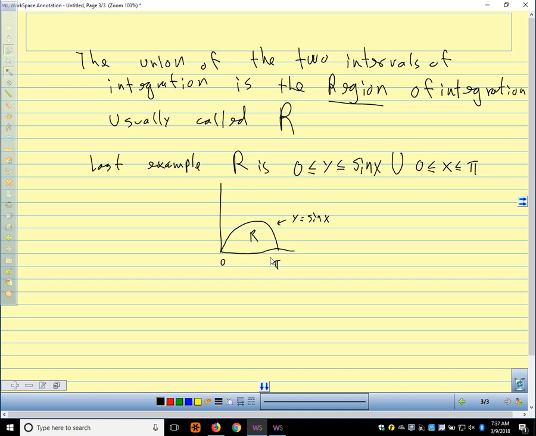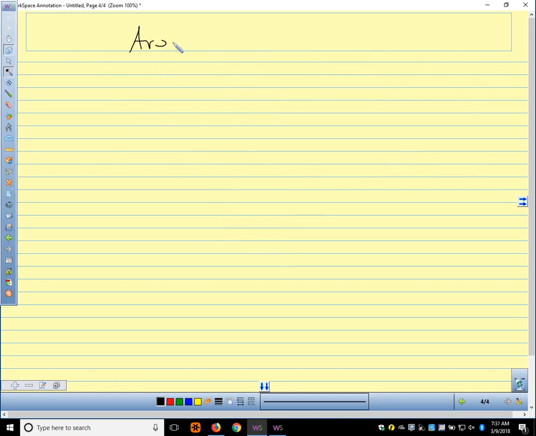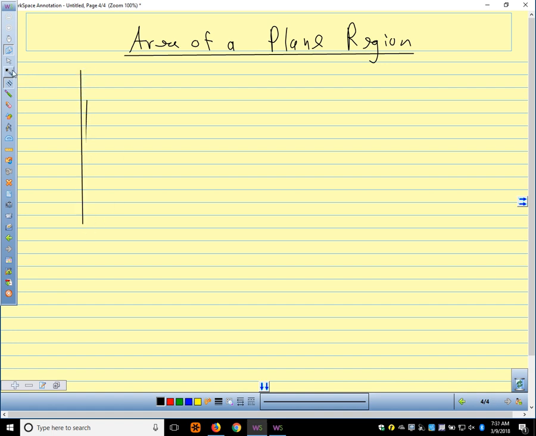So let's give one interpretation to an iterated integral that's going to let us work with these limits of integration and our regions of integration. So we're going to talk about the area of a plane region. This gives us a geometric interpretation of these iterated integrals. So here's a region in the xy plane, and we want to find the area.